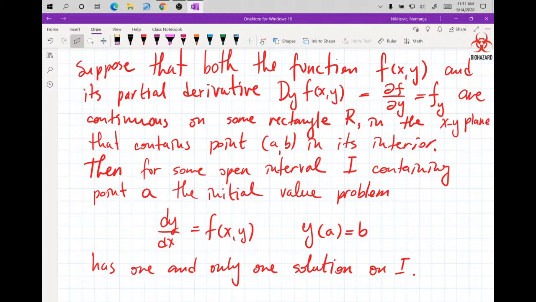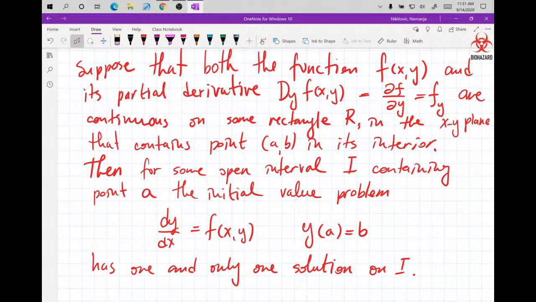So this is our life now, right here, and it requires you to check the partial derivative and make sure that the partial derivative exists, and then we're all good to go.